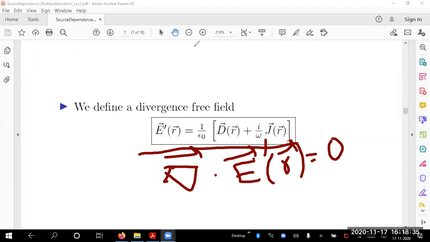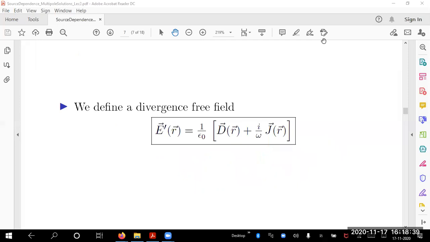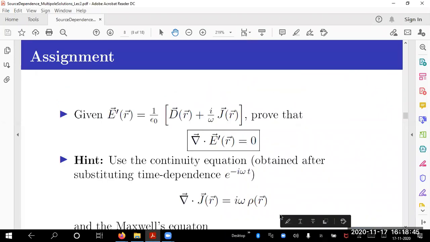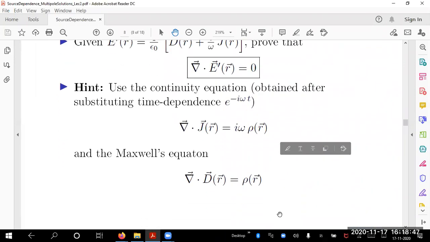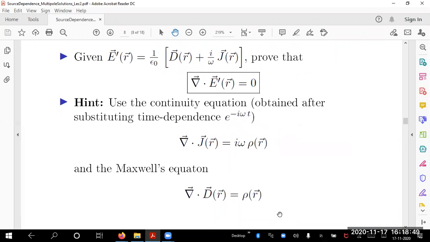And I leave it as an assignment, again like a 5 mark examination short question. What you have to prove, I had asked you earlier. If you haven't done it, do it and submit it later. So E prime, if it is this, prove that divergence of E prime is equal to 0. Hint: you have to use the continuity equation.